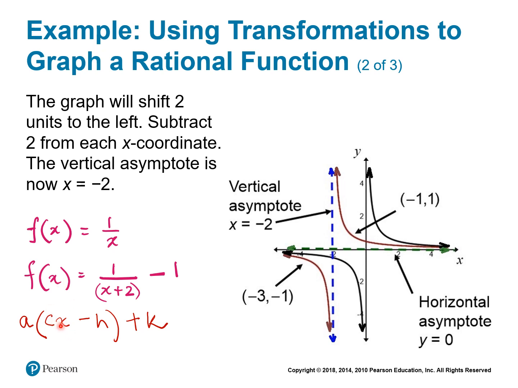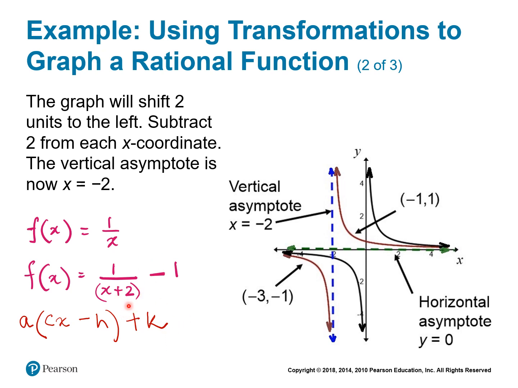It's a multiplicative of x. H determines the horizontal shifting, whether the graph is going to shift to the left or right from the basic graph. And K suggests vertical shifting up or down, whether the graph is going to move up or down along the y-axis.